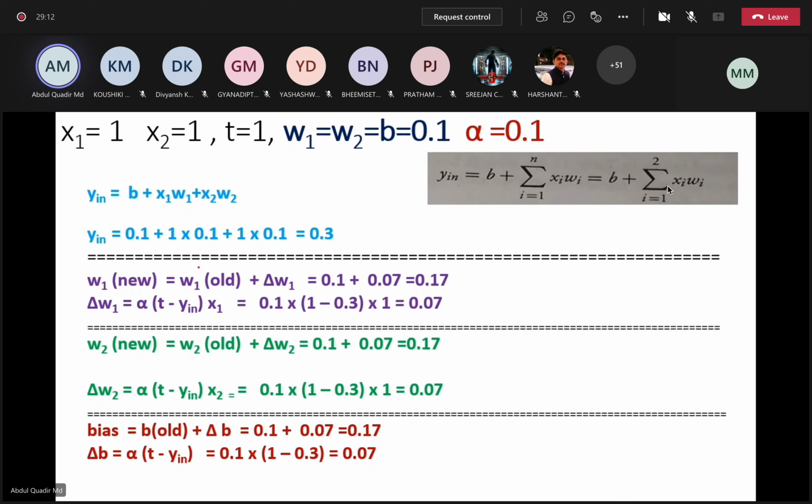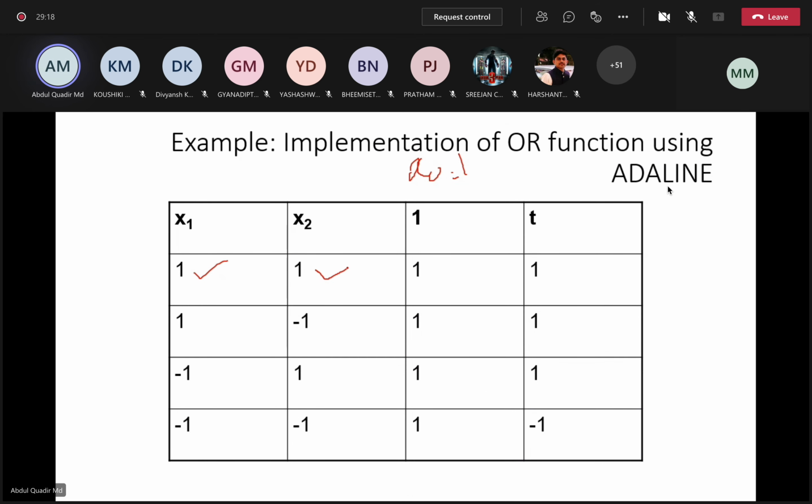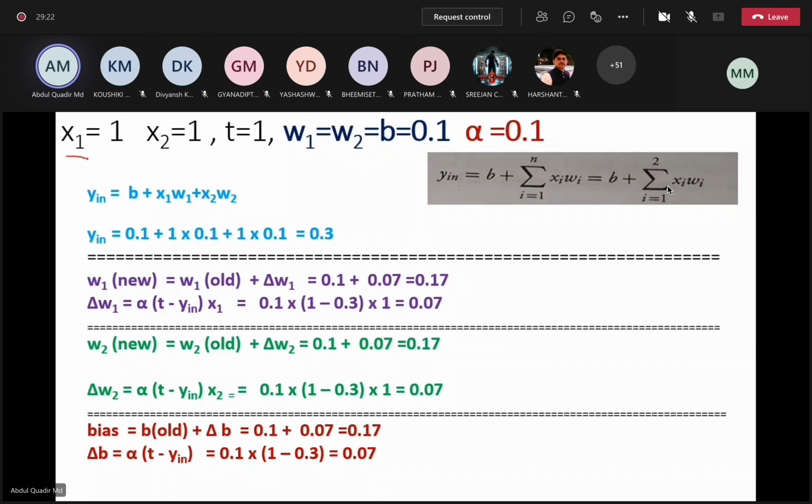So now, students, see here. x1 is 1, x2 is 1, and our target is 1. Our weights are given as W1, W2, and the bias is given as 0.1, and alpha for this particular problem is given as 0.1.